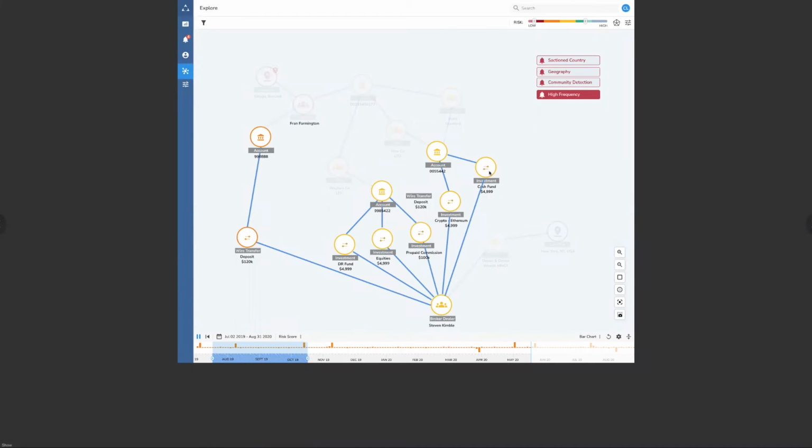So for high frequency, these things all fired off within a very short amount of time. And then this thing came through this back door here. So this is an indication of potential nefarious activity, even beyond the intentional or unintentional effect of having some degree of connection to a sanctioned location.